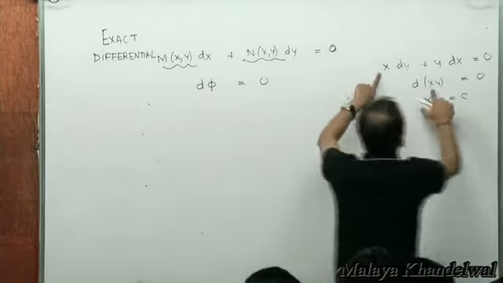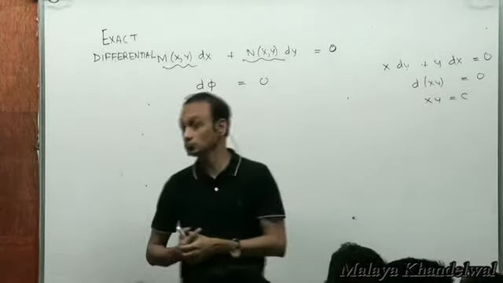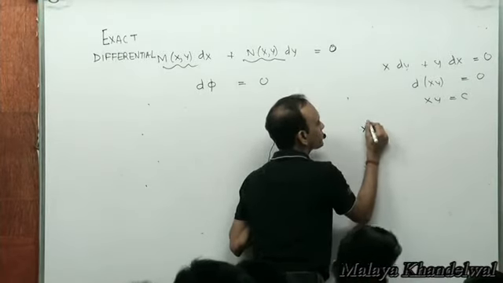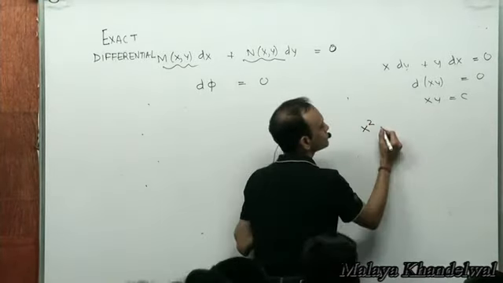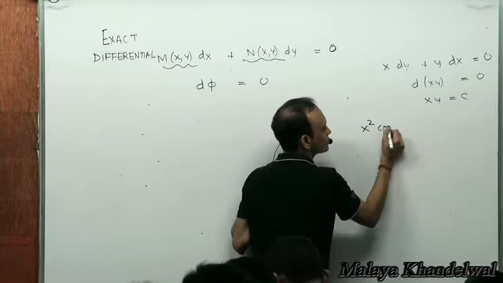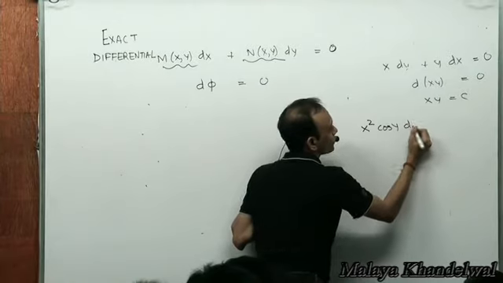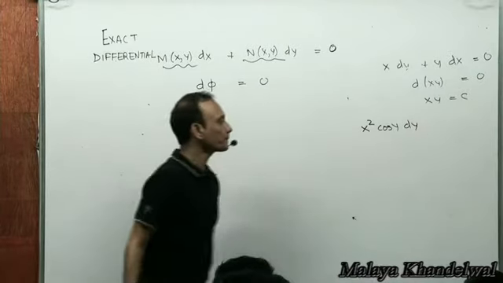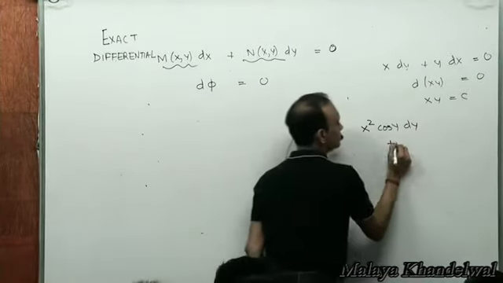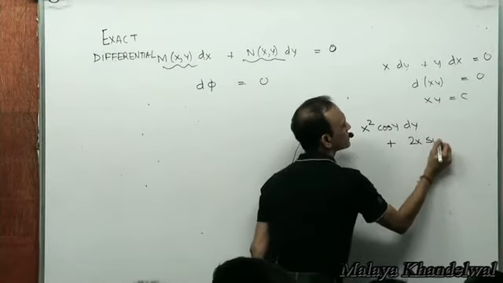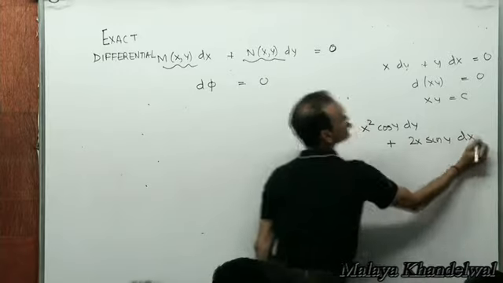So this is like d of phi equal to 0. I could have also had x squared cos y dy plus 2x sin y dx, for example.